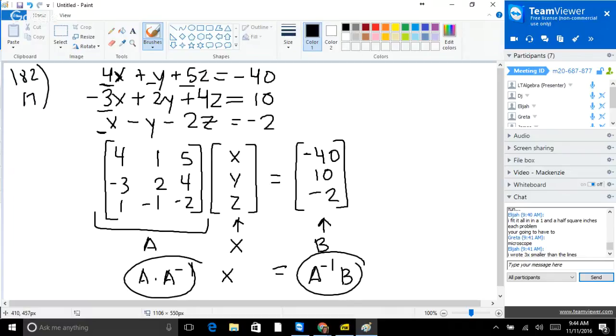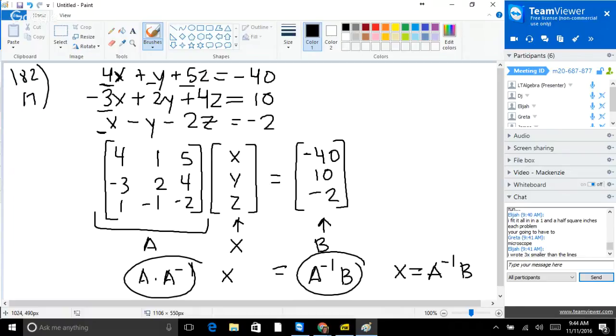Just like in regular algebra, multiplying a matrix by its inverse just gives you 1. So ultimately X equals the inverse of A times B.